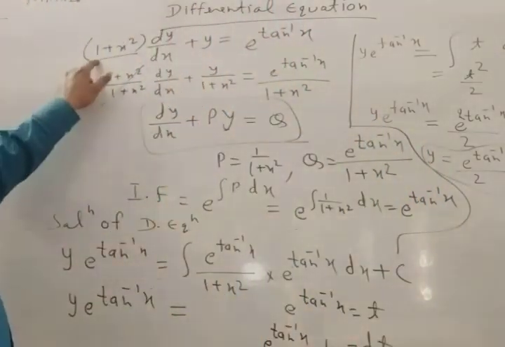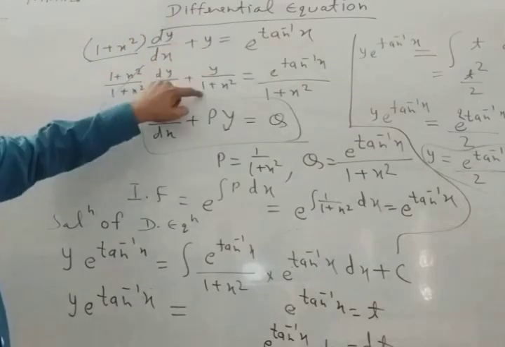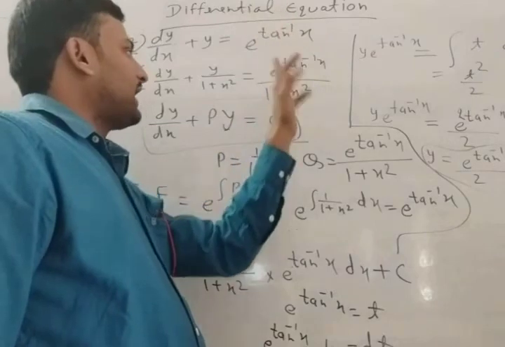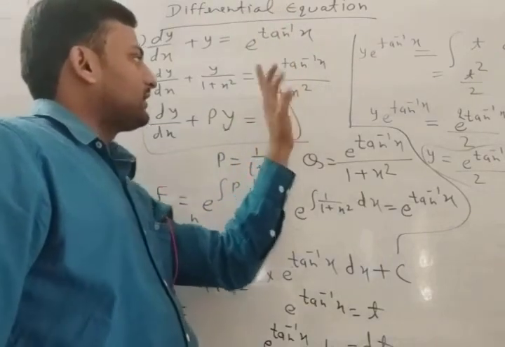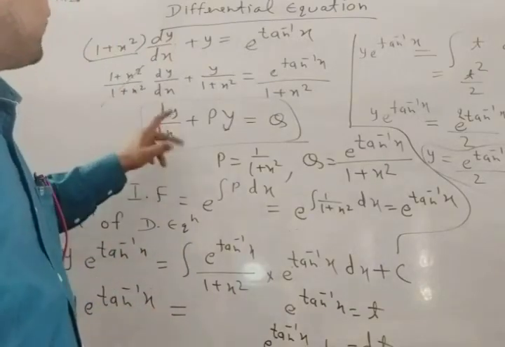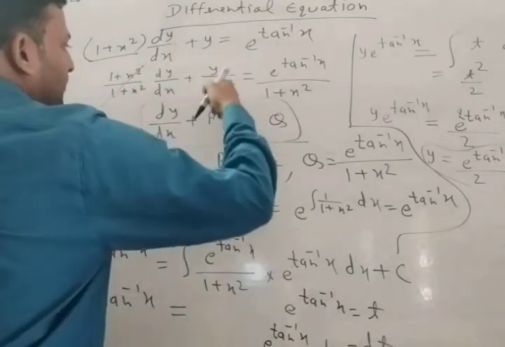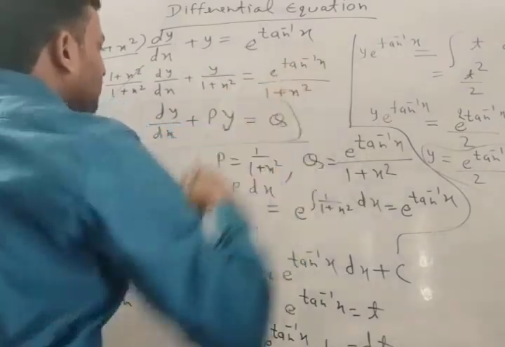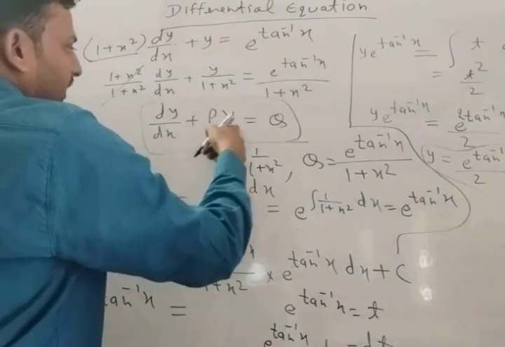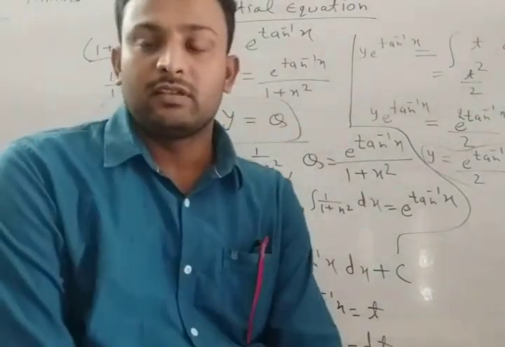When we divide by 1 plus x square, we get dy by dx plus y by 1 plus x square is equal to e to the power tan inverse x divided by 1 plus x square. This is of the type dy by dx plus py is equal to q. This is our linear differential equation.